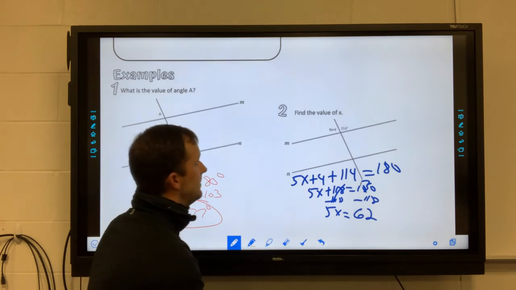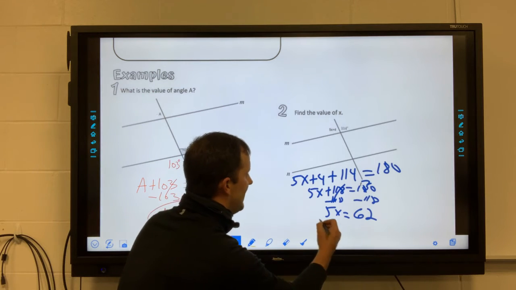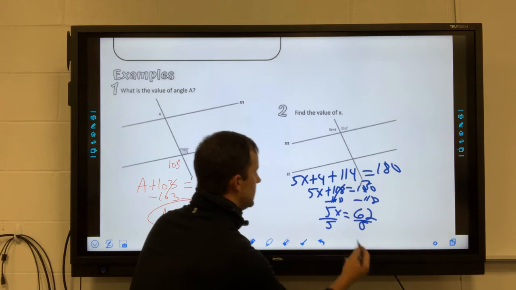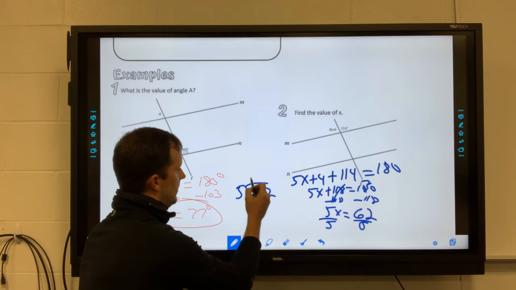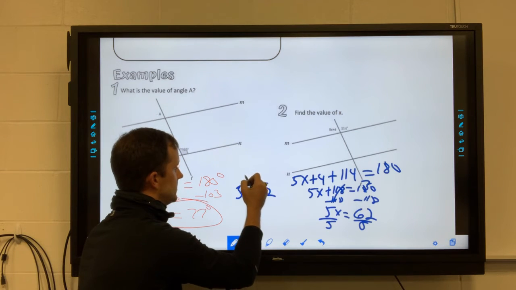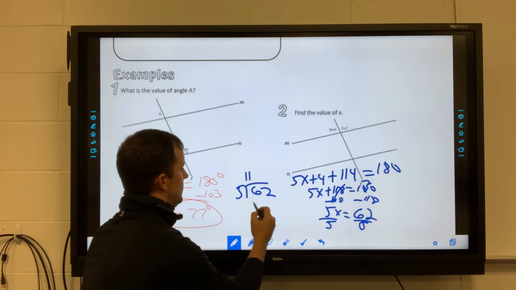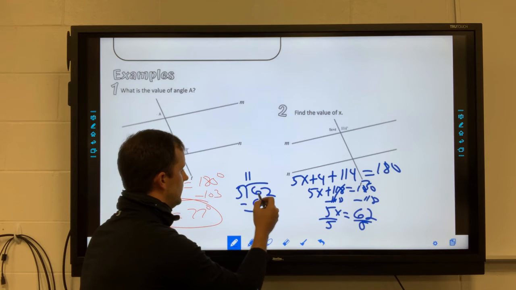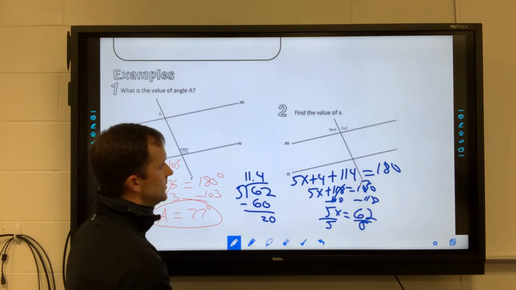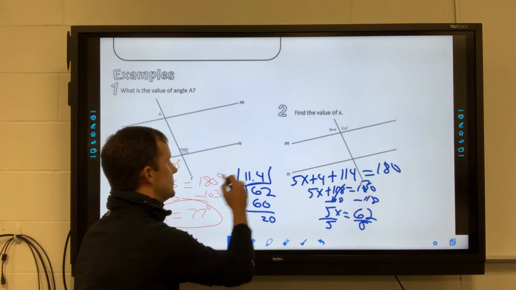Okay, and then I'm going to end up dividing by 5 on both sides. So 5 will go into 62 11 times. That would give me 55, bring down the 0, and that would give me 11.4. So that means x is going to be equal to 11.4.